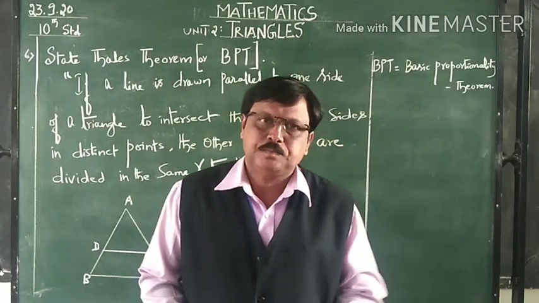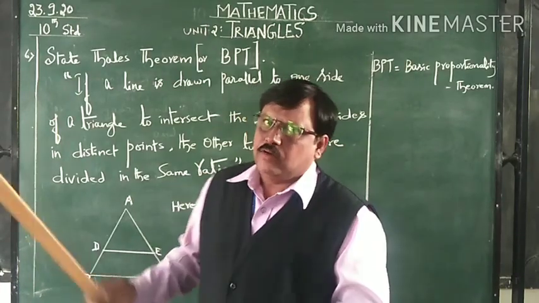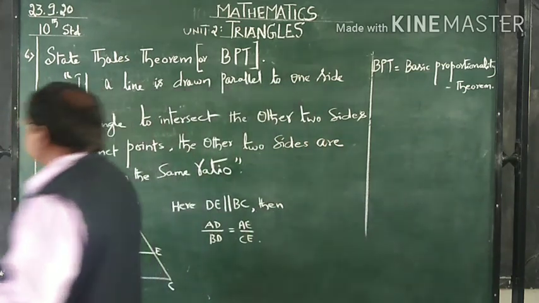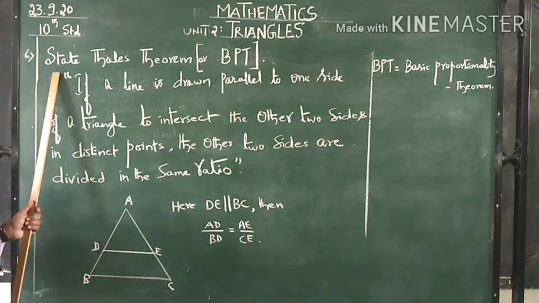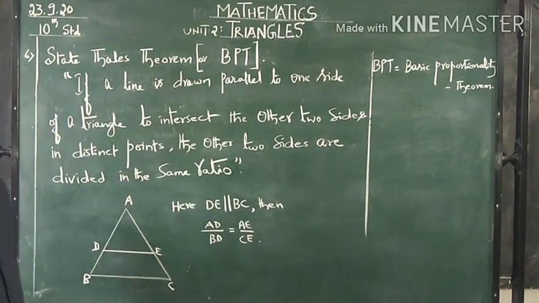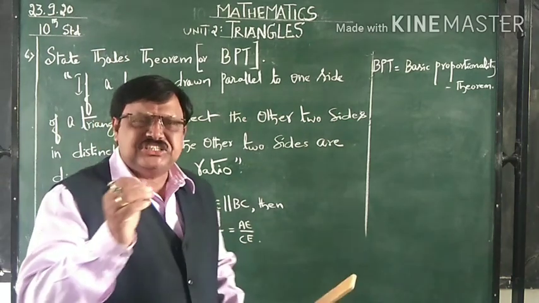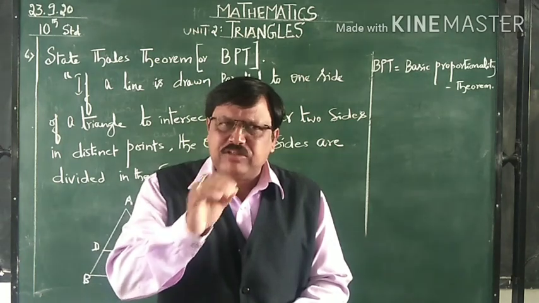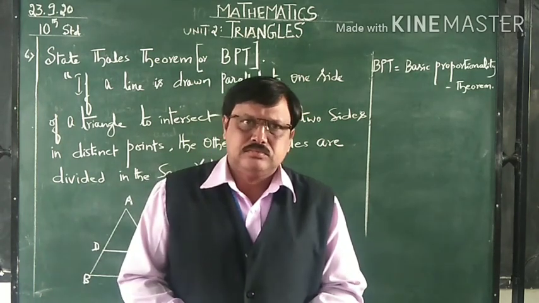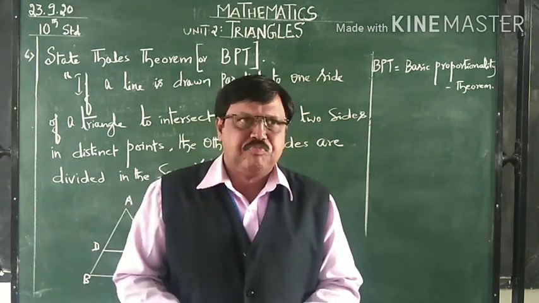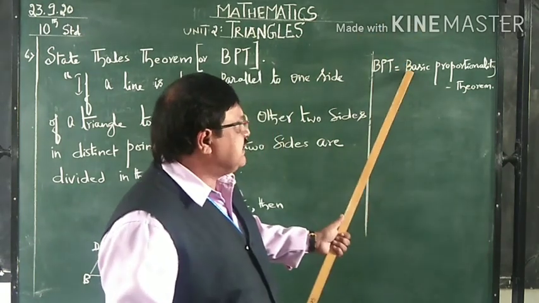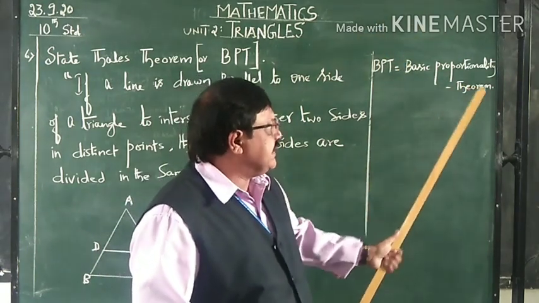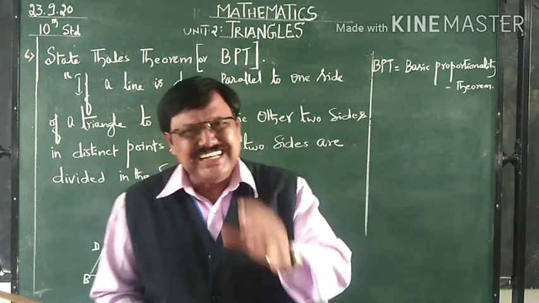Students, now I will read one question here again. State Thales theorem. Mathematician Thales explained and gave this concept. It is called basic proportionality theorem. What is a theorem first?